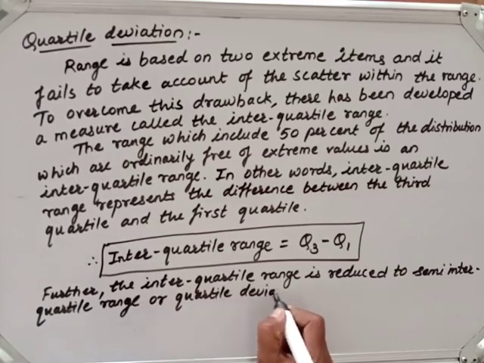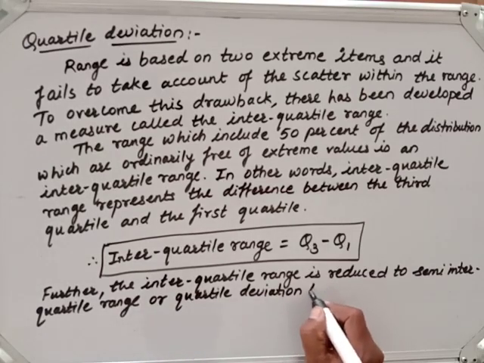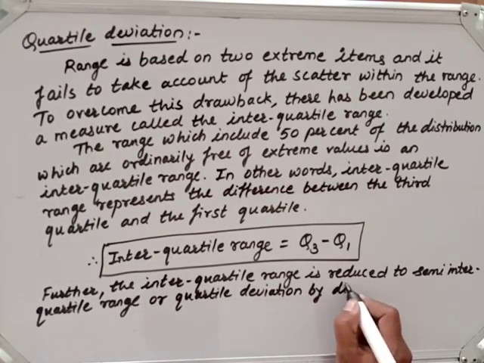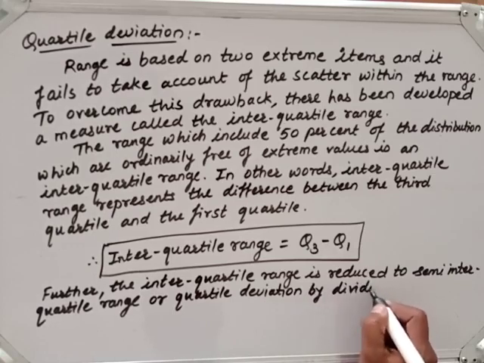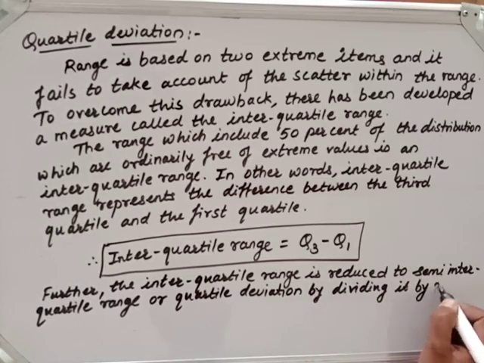It is also known as quartile deviation, by dividing it by 2.